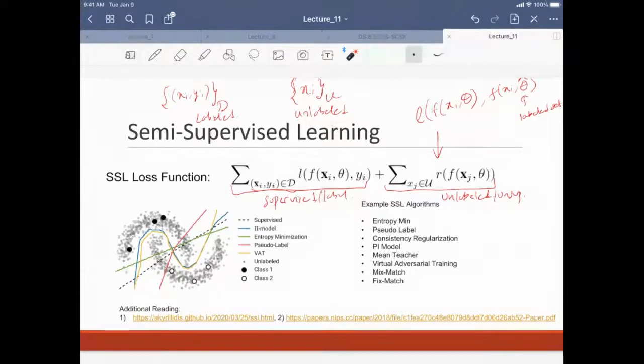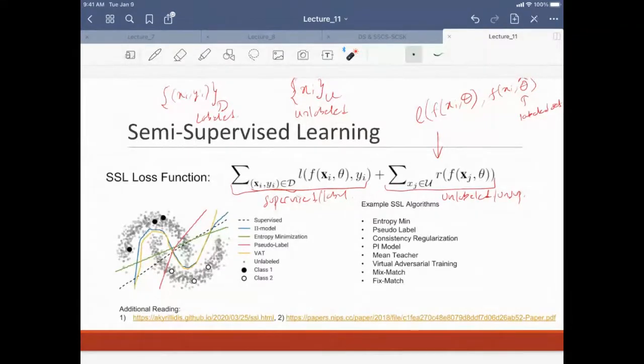I then use my hypothesized labels and combine them, so I'm making a much larger labeled set which contains the labeled set plus the hypothesized unlabeled set, and I train a joint model. So I do supervised learning on this entire set.